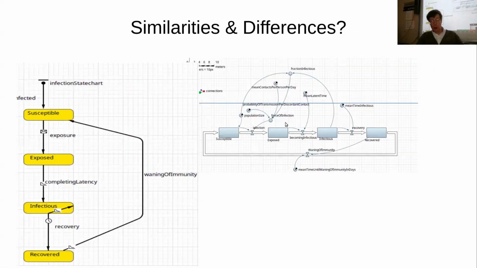When we compare that to what we see within a compartmental model, the difference starts to become more stark.